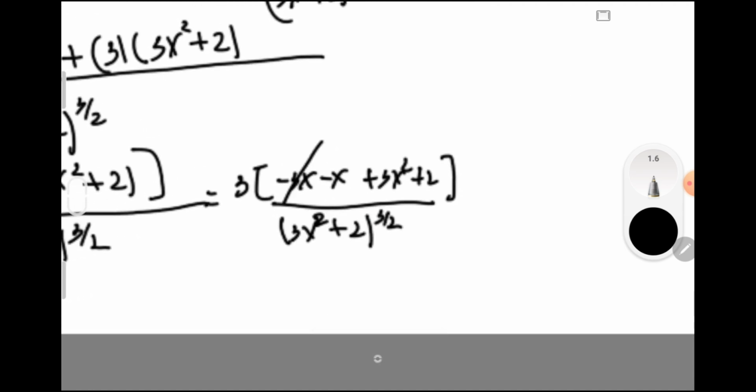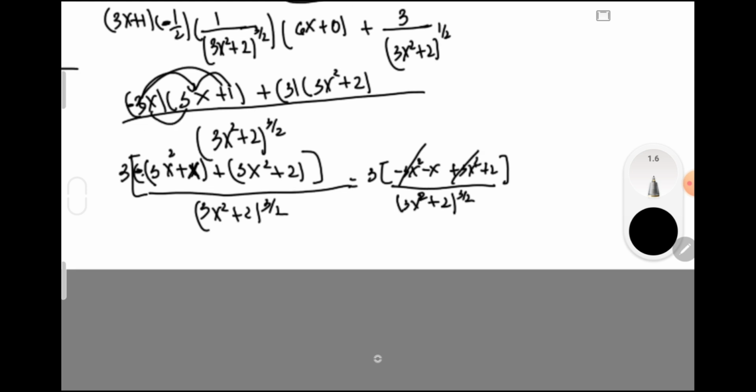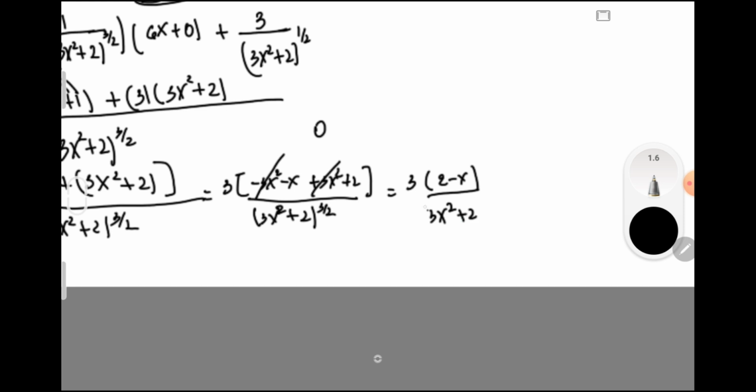Okay, so negative 3x squared plus positive 3x squared will be equal to 0, and then negative x plus 2 will be equal to negative x plus 2. This means 3 multiplied by 2 minus x divided by 3x squared plus 2 raised to 3 halves.